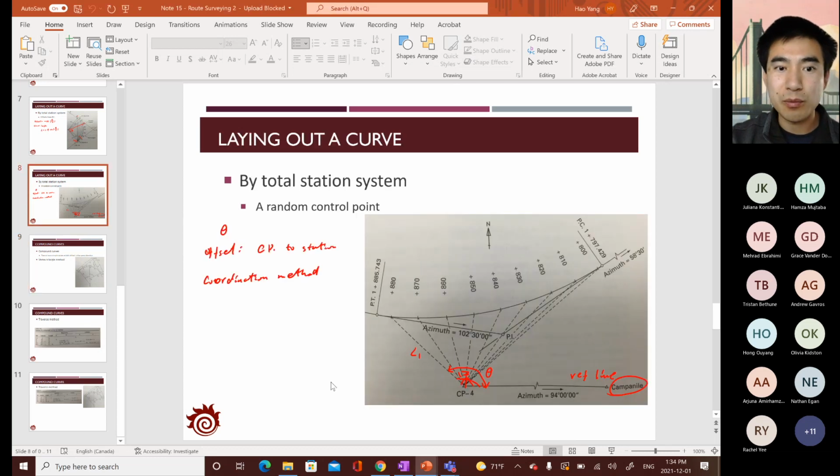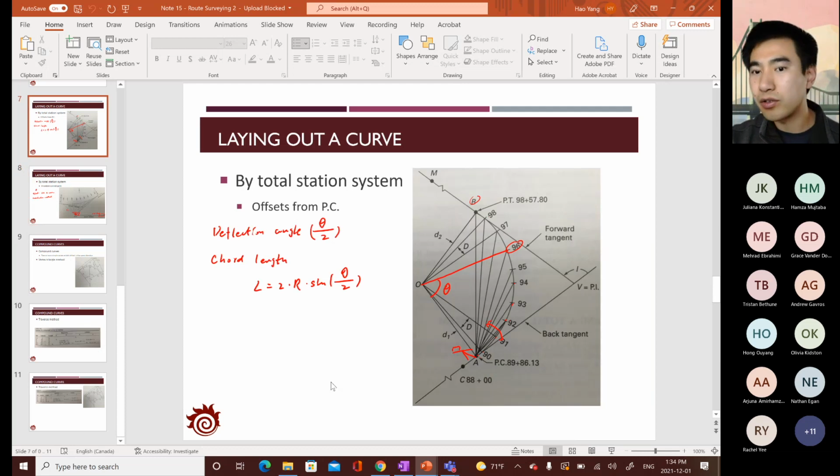We are provided with the angle of the arc and the radius of the arc, and utilizing these two pieces of information to calculate the length of the arc, the location of the start point, the point of the curve, and the end point, the point of the tangent, so that you can draw a curve to connect the 2 straight lines smoothly.